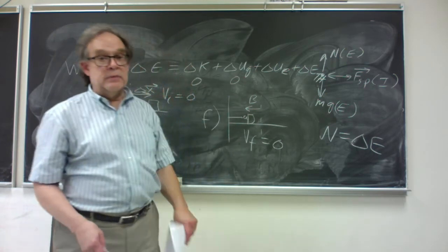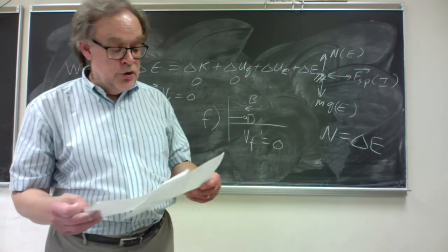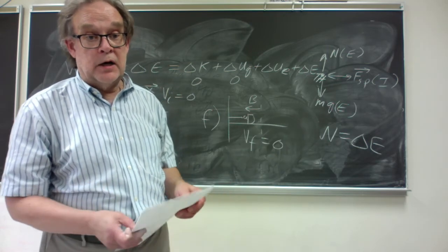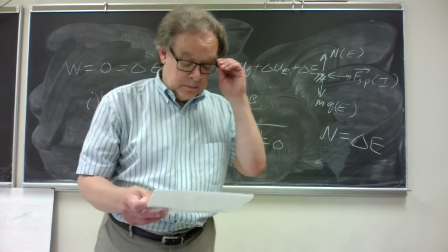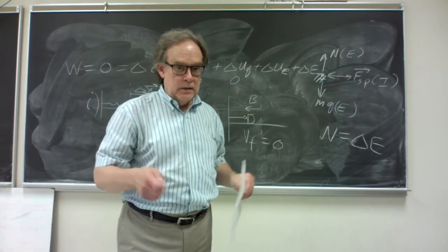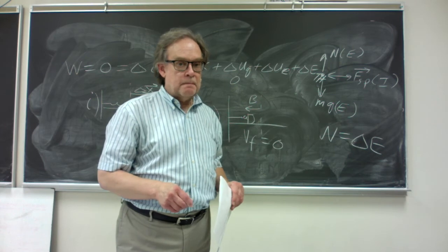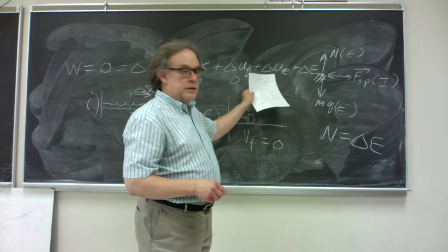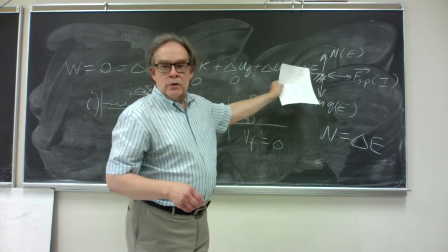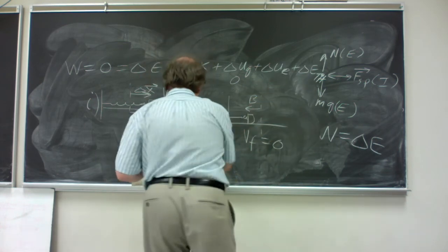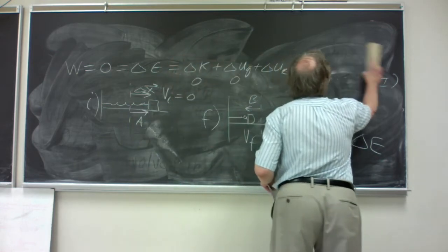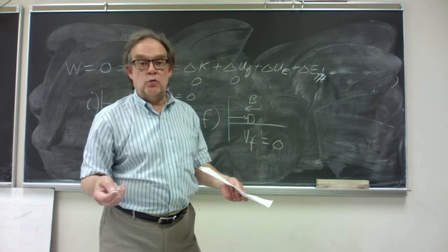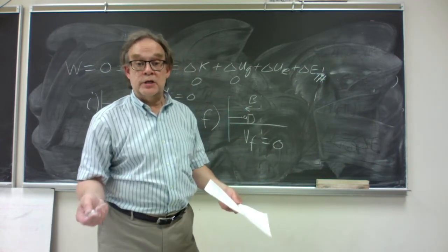And that means we can pretty much ignore gravitational potential energy from now on in our simple model of an oscillating system. Next, thermal energy. Thermal energy would change if there were friction, but there's no friction, so thermal energy doesn't change.